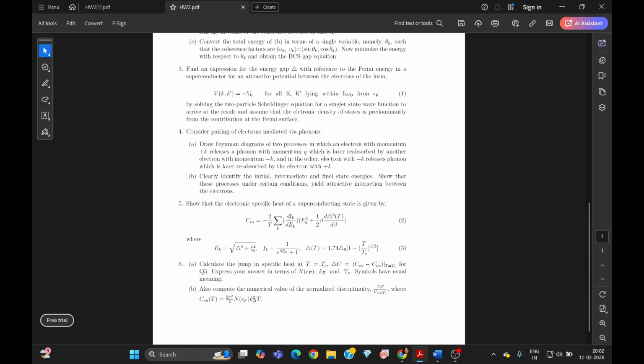When T is much lower than Tc, the specific heat will go to zero, right? Because only above a certain del value the quasi-particles get excited, and that will eventually contribute to the CES.